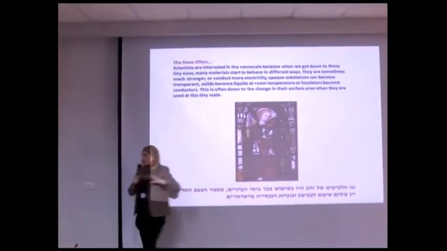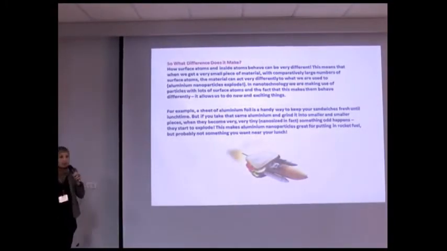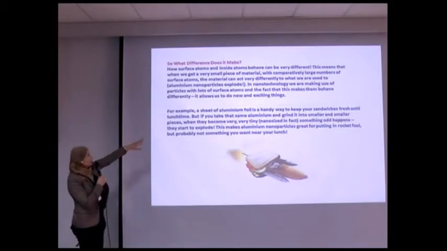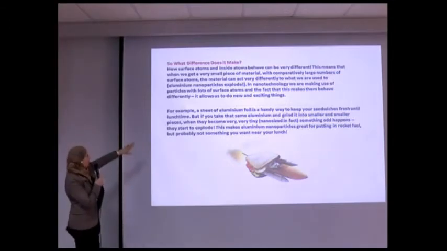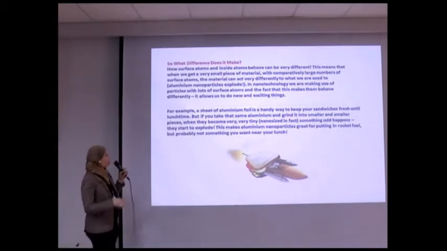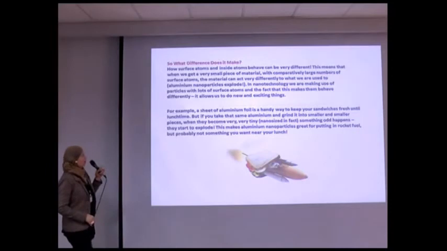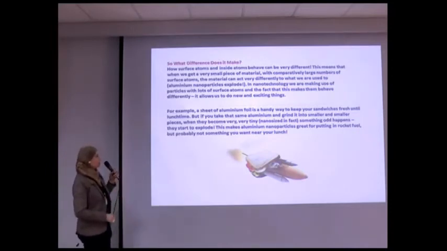Okay? And I want just to talk about another example which is interesting, that a sheet of aluminum foil is a handy way to keep your sandwiches. Yeah, and we use it at home, in the kitchen, and inside the oven, and so on. Okay, but if you take that same aluminum sheet and grind it into smaller and smaller pieces, when they become very, very tiny in the nano size scale, something odd happens.